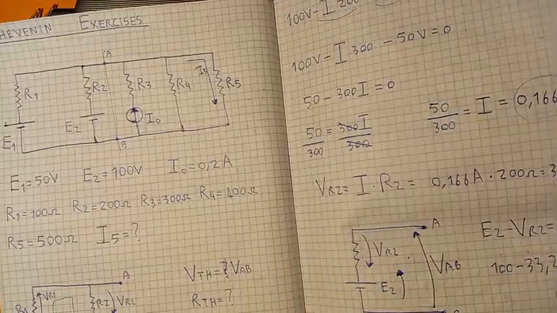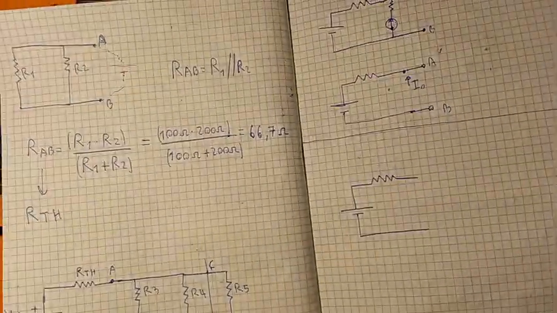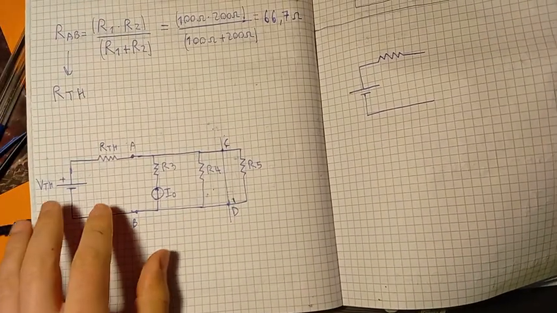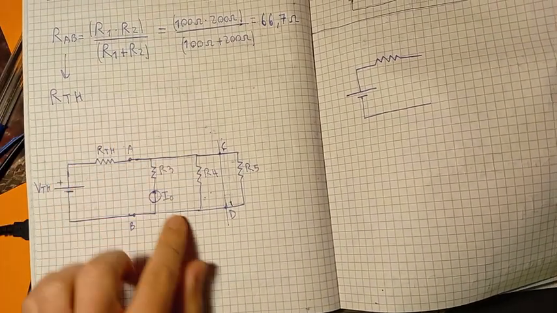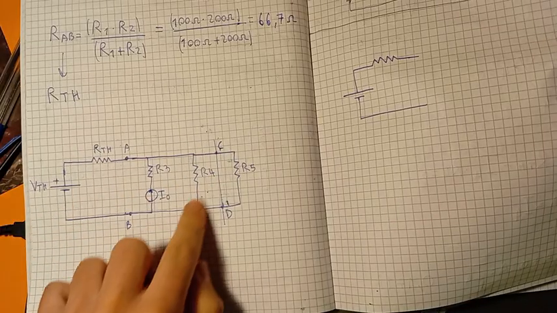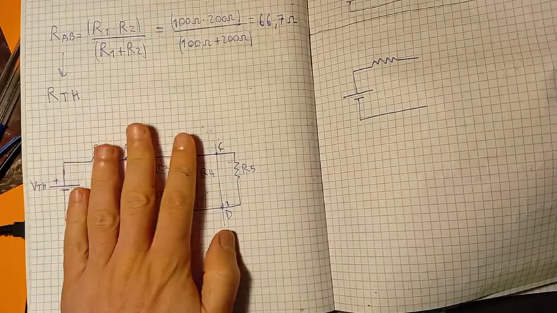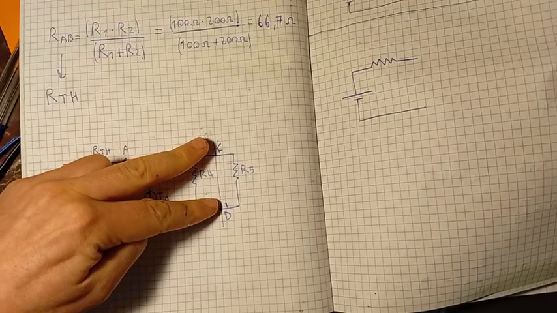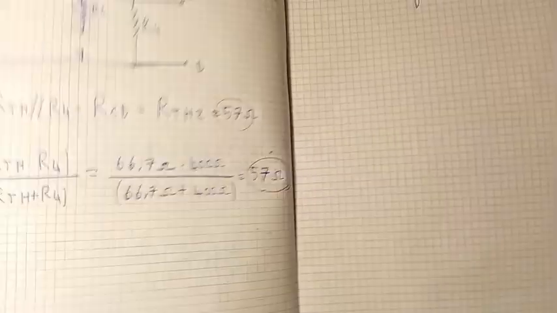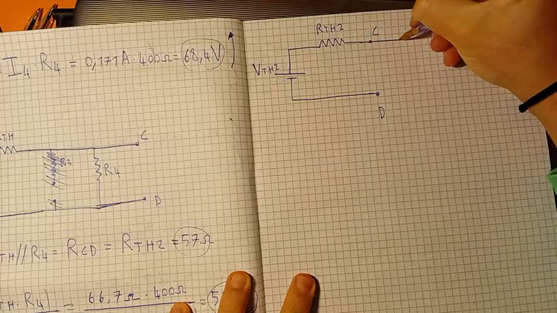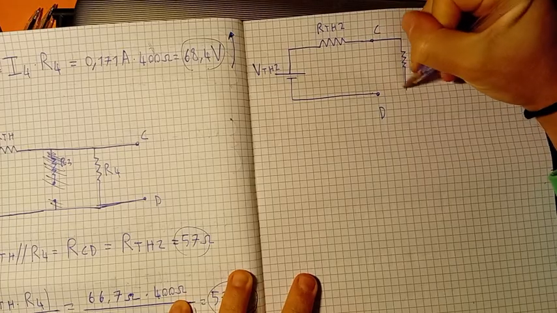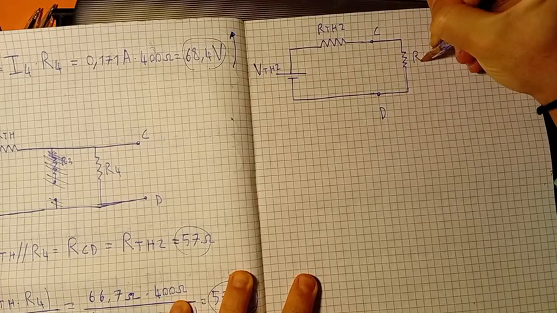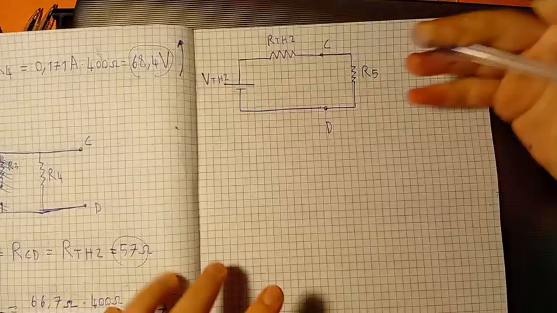We have transformed all this part of the circuit, so now we'll place it back here. If we place it back here, we obtain this.